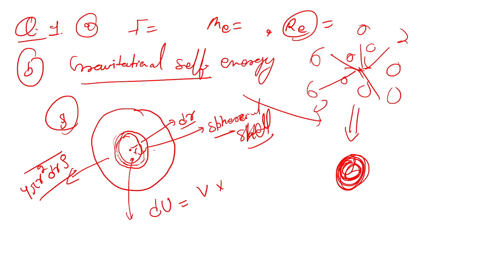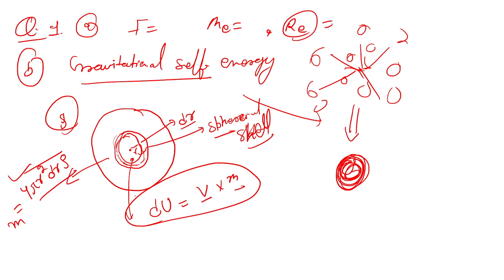Density will remain constant, either we are talking about the sphere or the shell. So this is the mass. You can easily calculate the potential of this small sphere inside it and the mass, which we had already calculated. So this was the potential energy, or we can say gravitational self energy, for this small sphere.